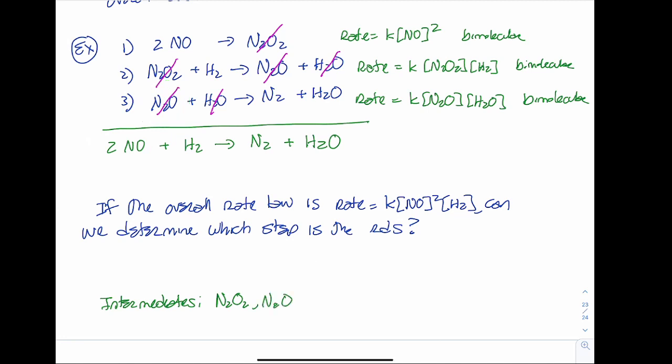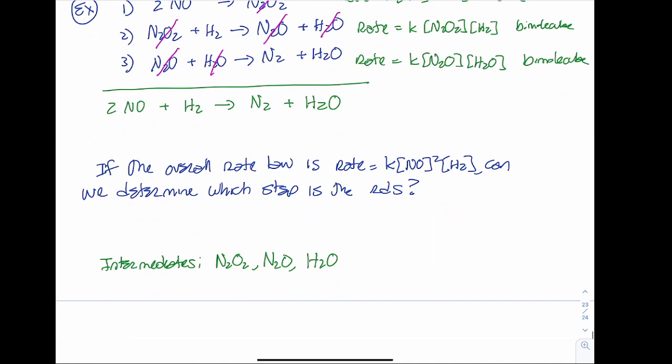And then one of my water molecules is also serving as an intermediate, right? We produced and then we consumed, so water. I do have a water molecule as a product, but one of those water molecules is serving as an intermediate. And then I don't have any catalysts again. So none.